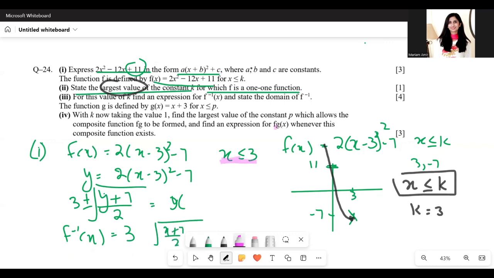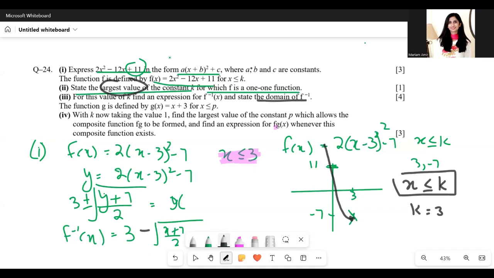Now, since the domain of f(x) is decreasing, it's less than or equal to 3, the range of f inverse of x is going to be decreasing as well. So there will be a negative sign here because of that. If it were x greater than or equal to 3, then we would have chosen the positive sign. Now, the next part says find the domain of f inverse.